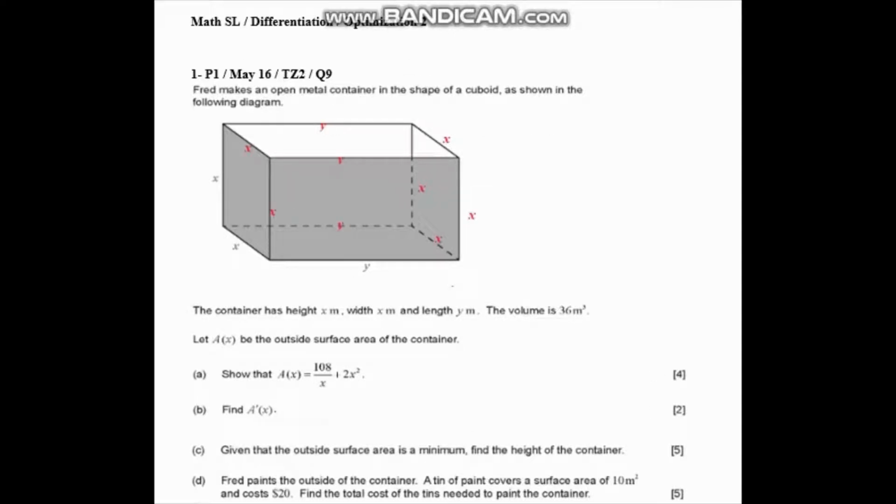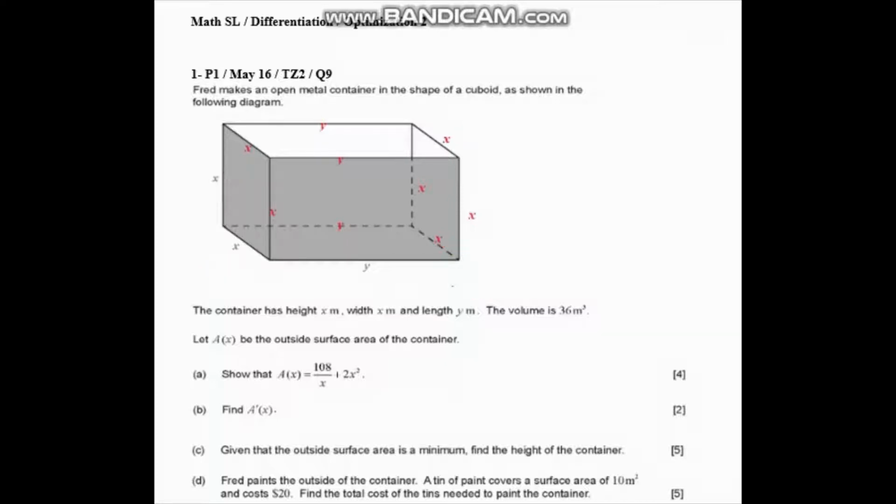So we are told that the container has a height x, a width x, and a length y. And as you can see, I've duplicated the given variables in all the corresponding sides. So if this side is x, then obviously this one is x, as well as this one and this one. So these are all going to be x.